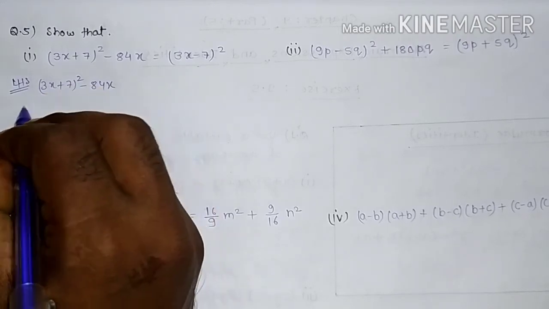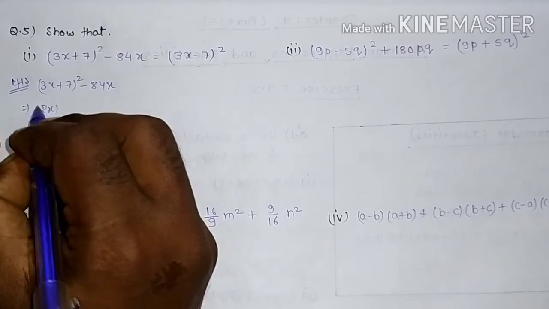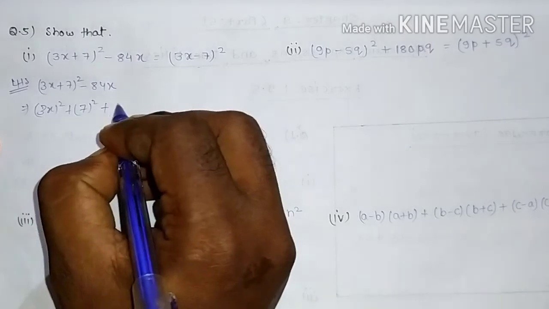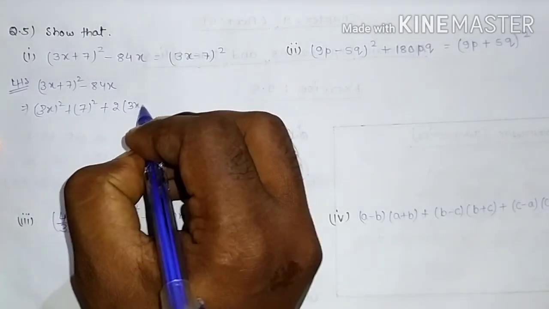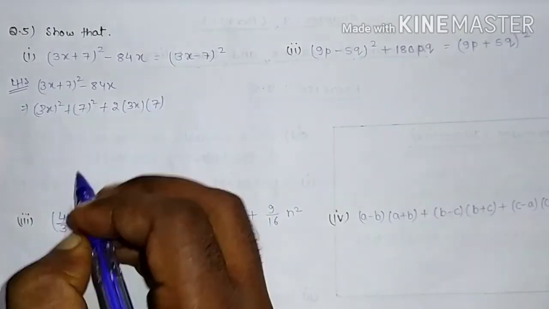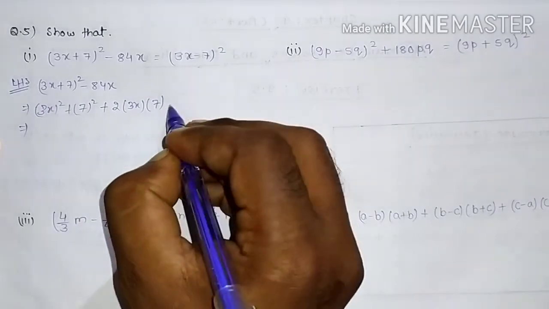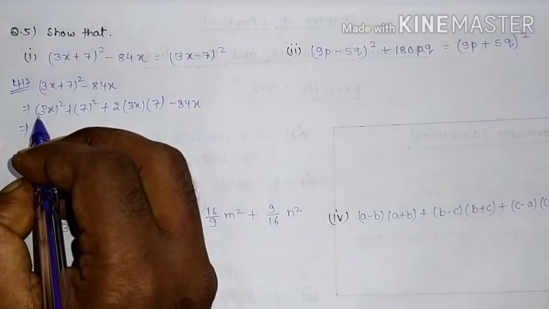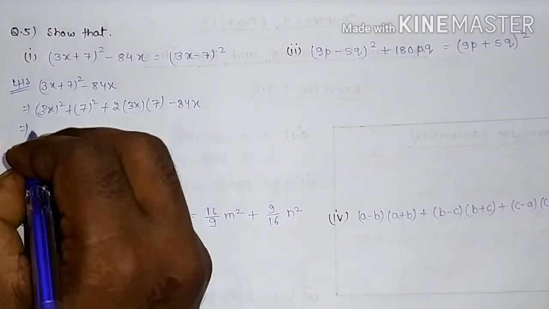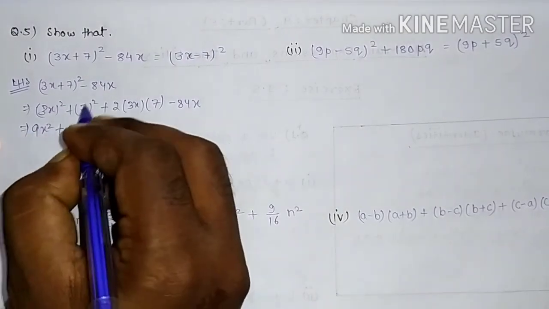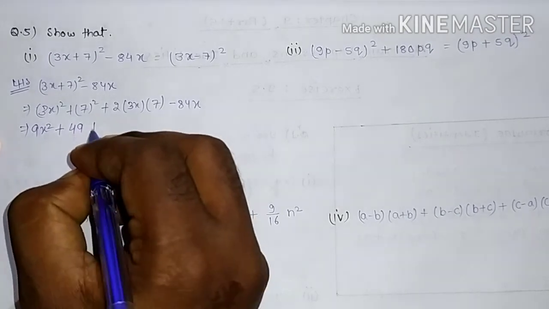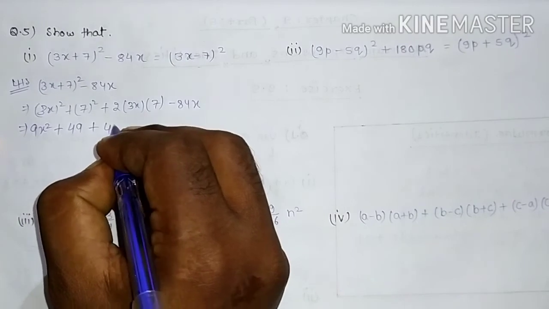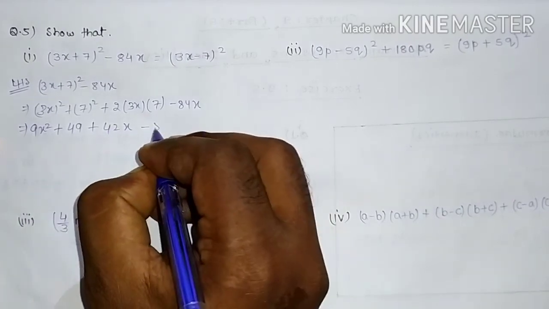So A square, that is (3x) whole square, plus B square, that is 7 square, plus 2AB, that is 3x into 7, minus 84x. So just simplify it. (3x) whole square is 9x square, plus 7 square, that is 49, plus 2 into 3 into 7, that is 42x, minus 84x.